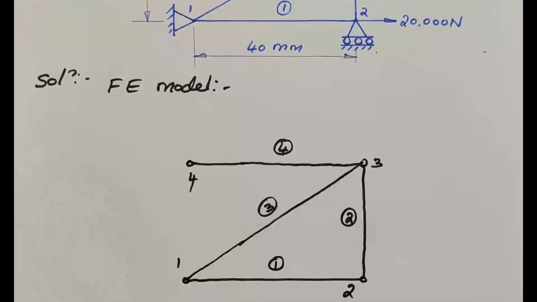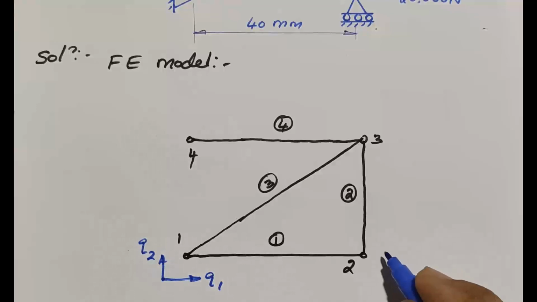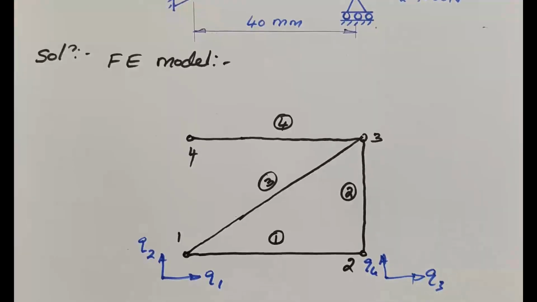Next, we will consider the nodal displacements. At node 1, I will take the displacement Q1 in x direction, Q2 in y direction. Similarly, at node number 2, Q3 in x direction, Q4 in y direction.